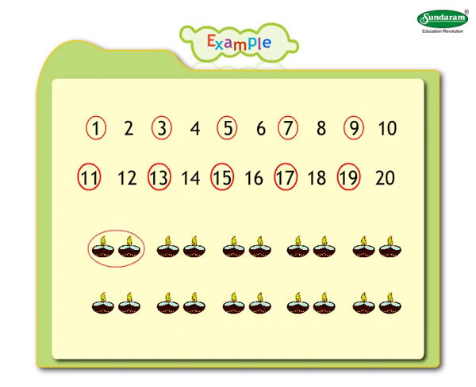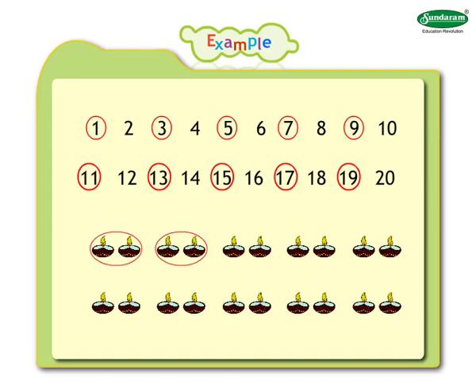Consider the next number which is not circled. That is 4. If we have 4 objects, we can pair them in groups of 2 each. Again, no objects will be left.